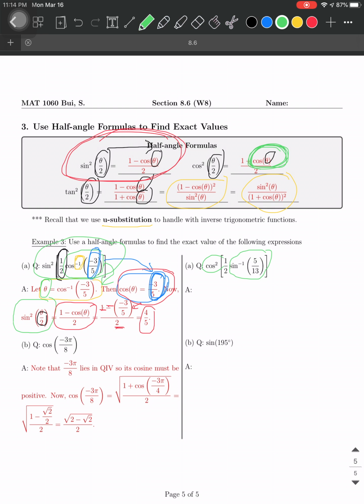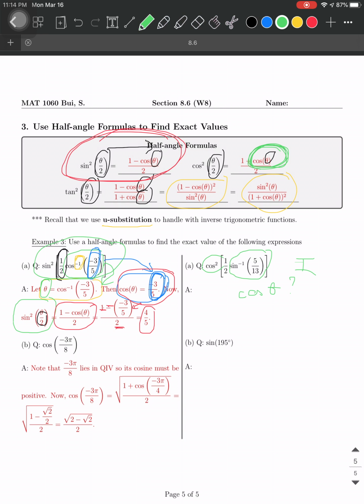So how can you get the cosine value? Make sure you draw the right triangle and find the third side. And for this one in here, it's going to be in quadrant 1 if you want to keep it simple. And after that, make sure you solve for cosine theta before you plug it back into the formula, okay? So don't blindly plug in 5/13 into this formula because it's not right. 5/13 is only the sine value, not the cosine value, okay?